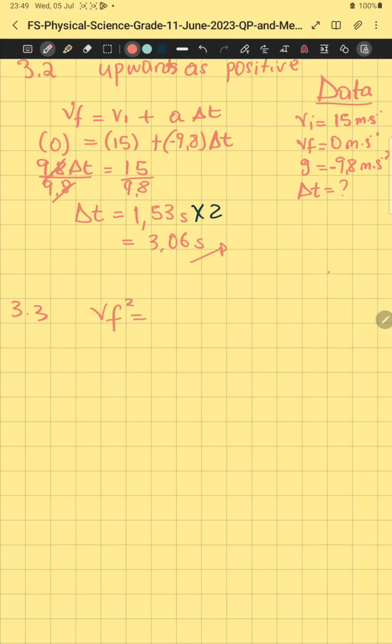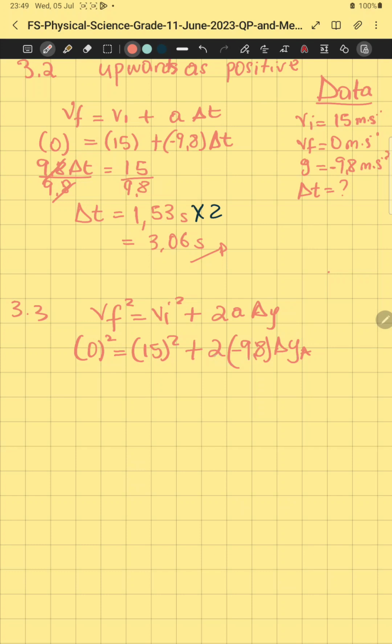I don't want to repeat the data because it is the same. All right, so vf squared equals vi squared plus 2a delta y, so we simply substitute, so therefore the final velocity is naught, and then remember the initial velocity is 15 squared plus 2 times negative 9.8, and then delta y. So maybe I can say here delta y a, yeah, that's one, and then we just work this one out.